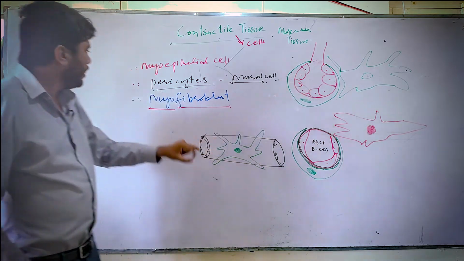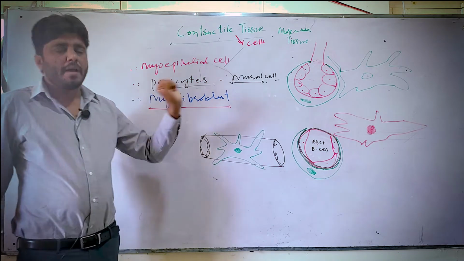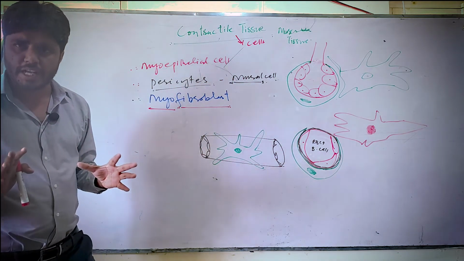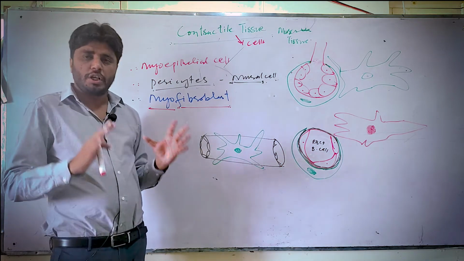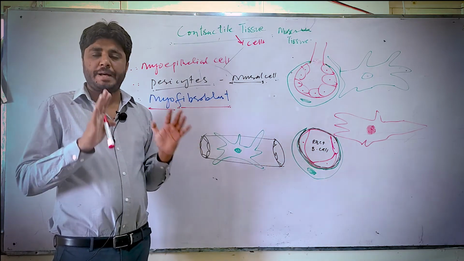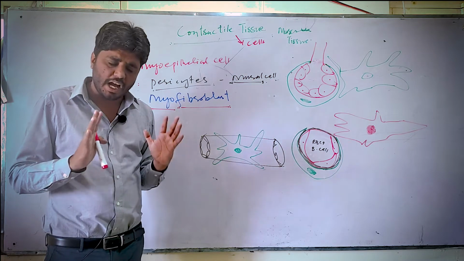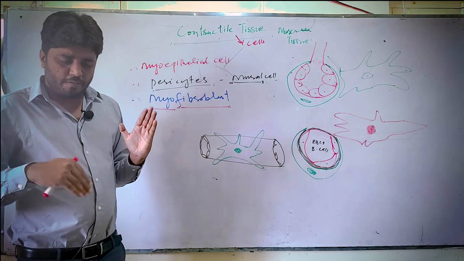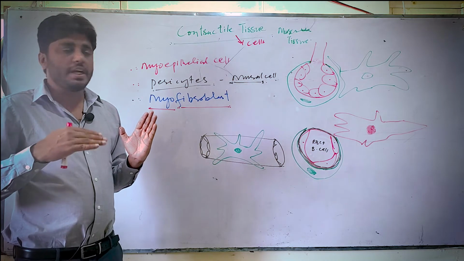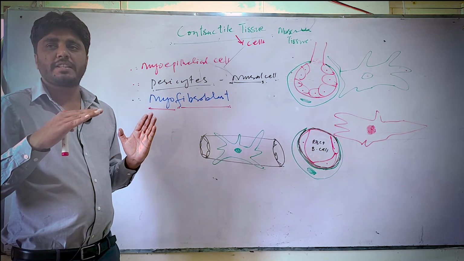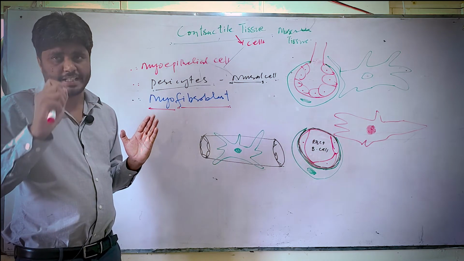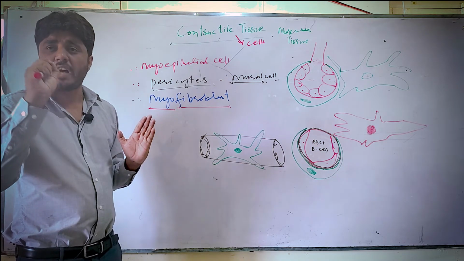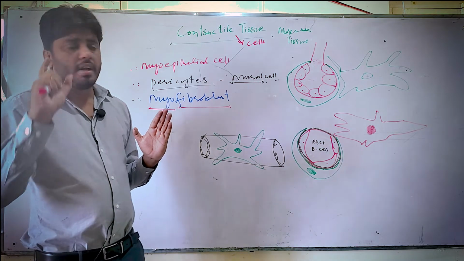Go on to pericyte. Pericyte is normally known as a mesenchymal cell or connective tissue cell. Many good textbooks to date classify pericytes as connective tissue cells. But as research on pericytes continued day by day, we came to know that they show great heterogeneity in function and in origin.